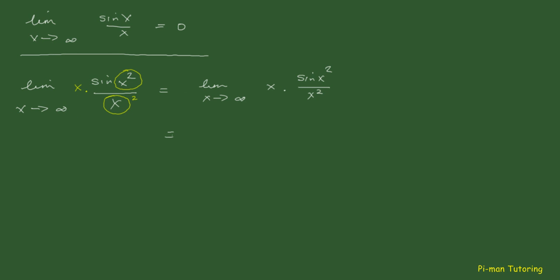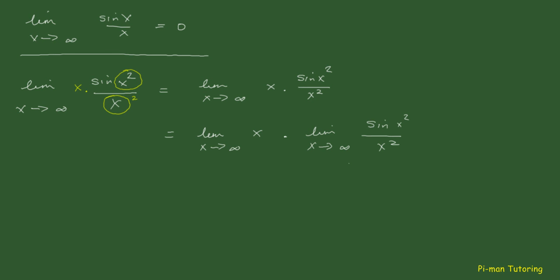Now we have a product of two functions, so we apply our limit rules that says we can break that into the two limits. So we've got the limit as x tends to infinity of x multiplied by the limit as x tends to infinity of sine of x squared divided by x squared.